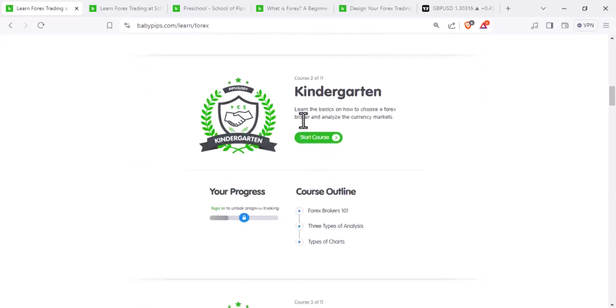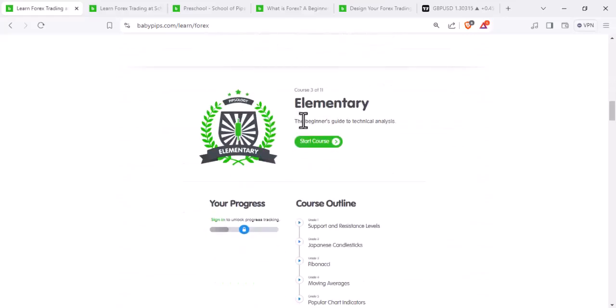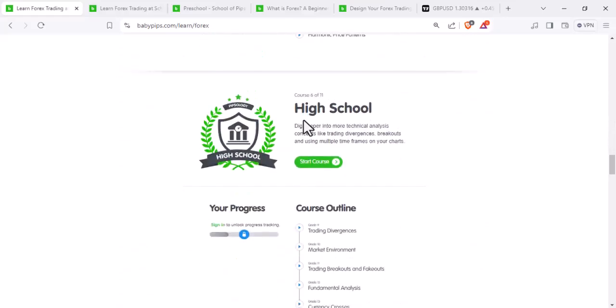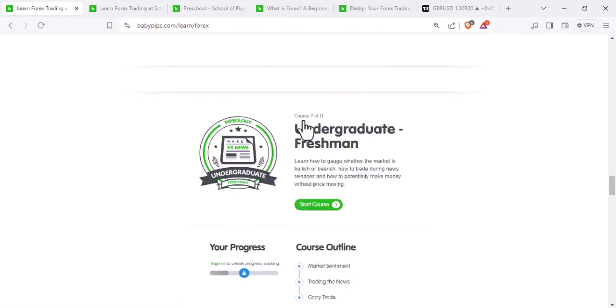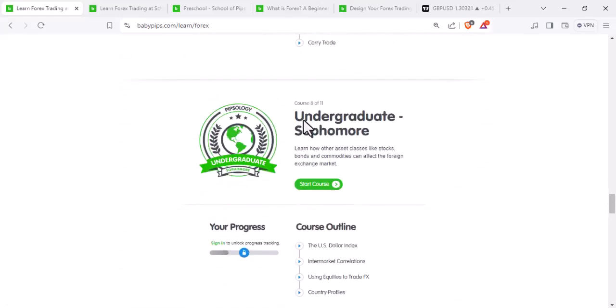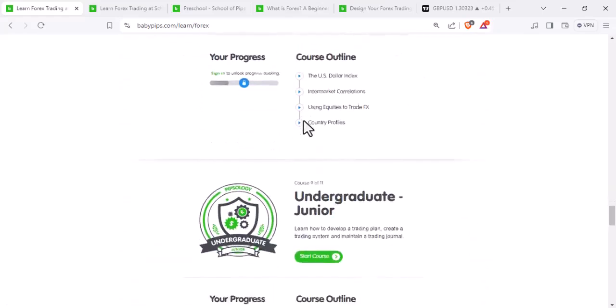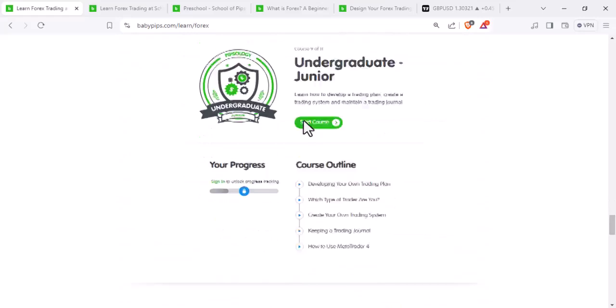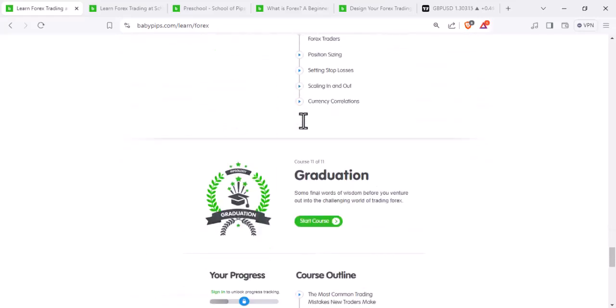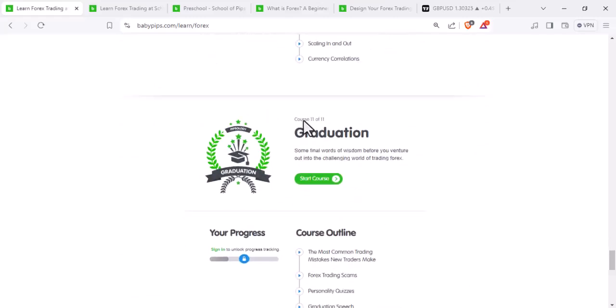Course 2 of 11 is entitled kindergarten. 3 elementary. 4 middle school. 5 summer school. 6 high school. 7 undergraduate freshman. 8 is undergraduate sophomore. 9 is undergraduate junior, and 10 is undergraduate senior, and then the last one is undergraduate senior.